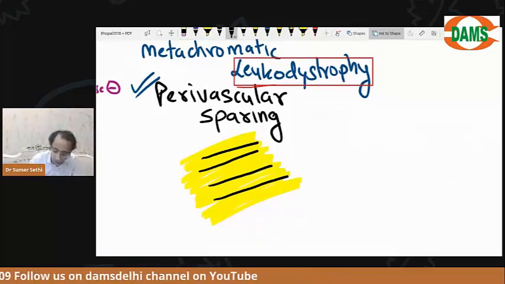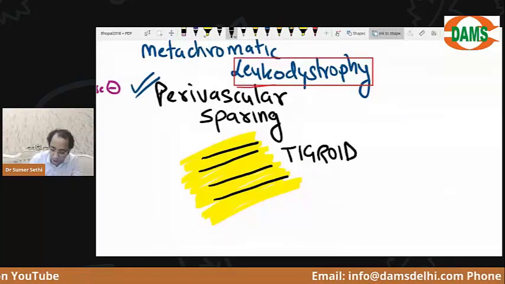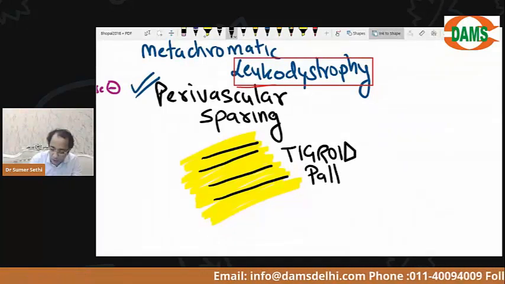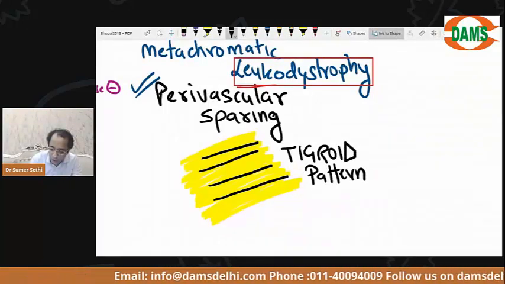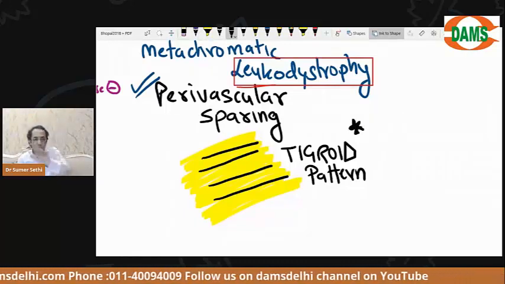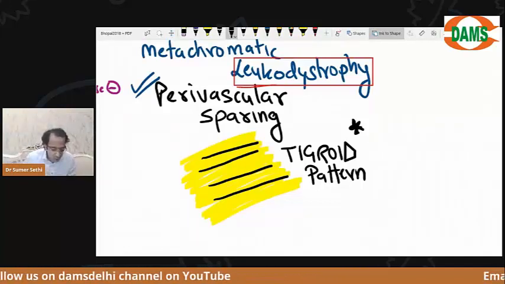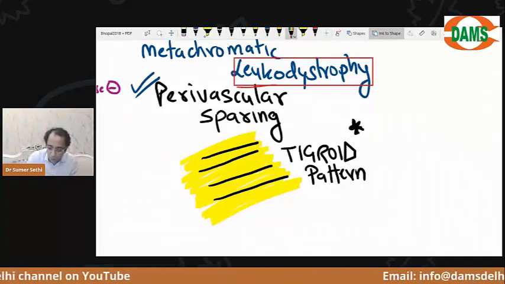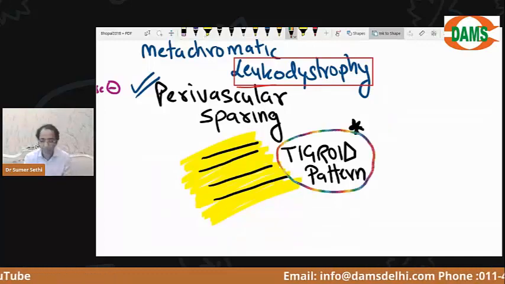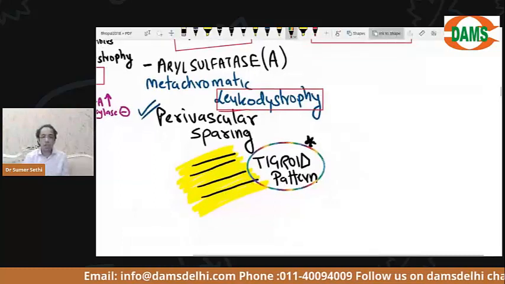This appearance is called tigroid pattern. You might have read this in your Harper, in your biochemistry, but today I'm telling you the reasoning. So there is white matter abnormality, but around the vessels there is a normal area. So we call it tigroid pattern. Tigroid pattern in white matter is seen in metachromatic leukodystrophy.